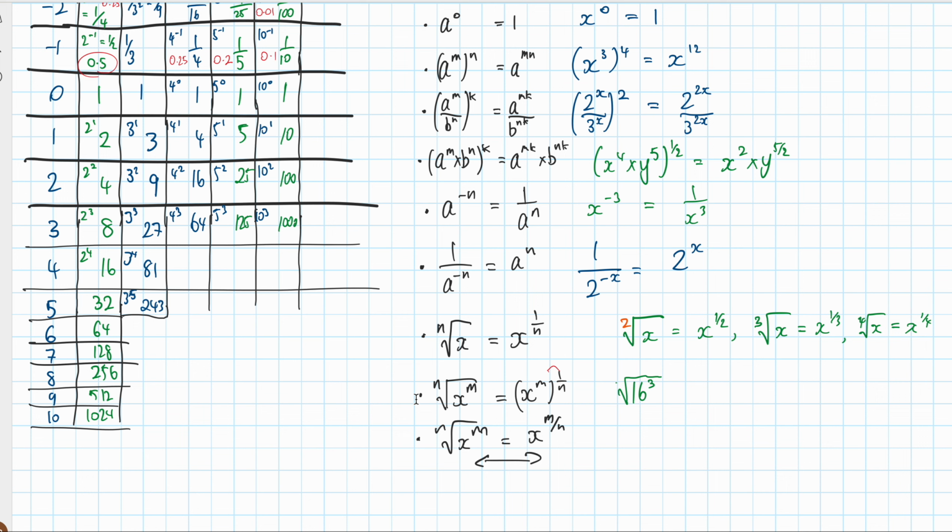Now in this case here, we can express this as root 16 all cubed, which is 4 all cubed. So we basically take the square root out, and then 4 all cubed, we can see from our table over here, is going to be 64. So that's going to be 64. And that's just a nice example that combines those ideas.